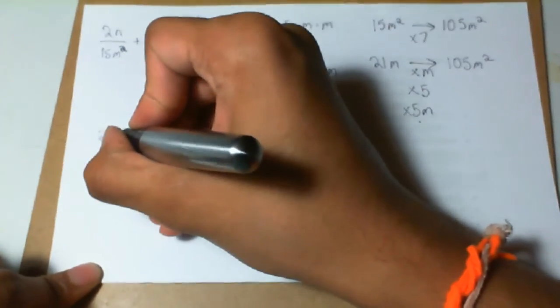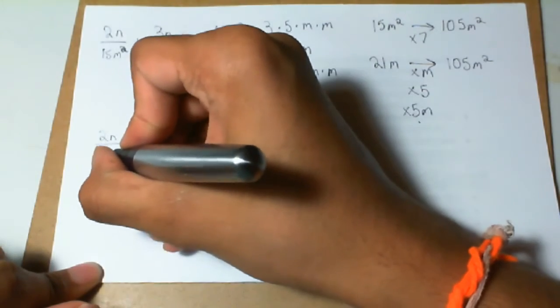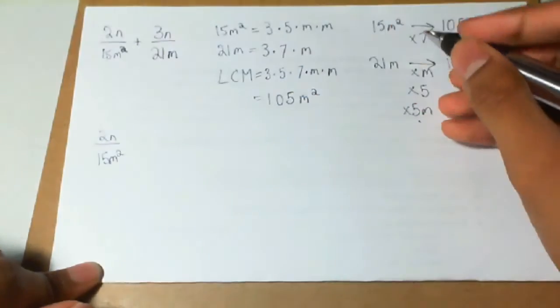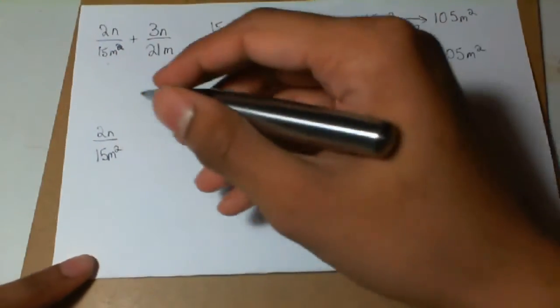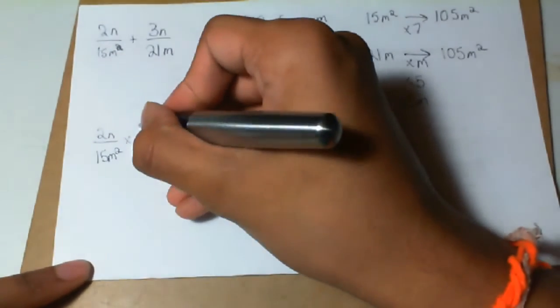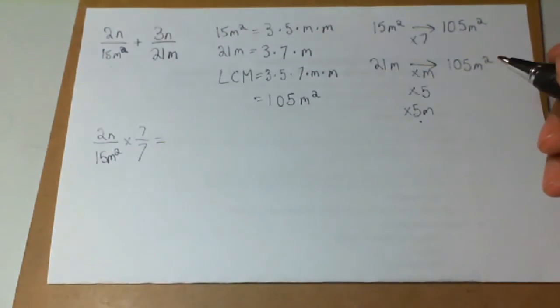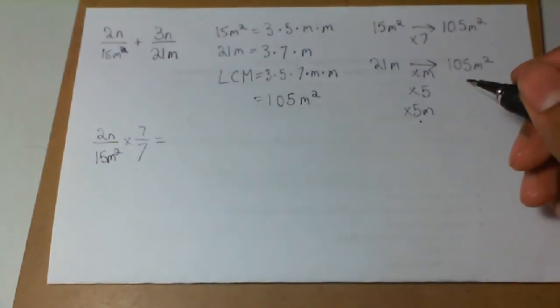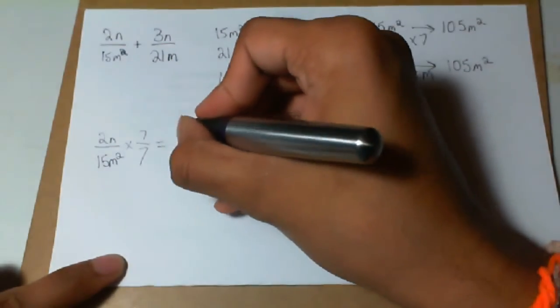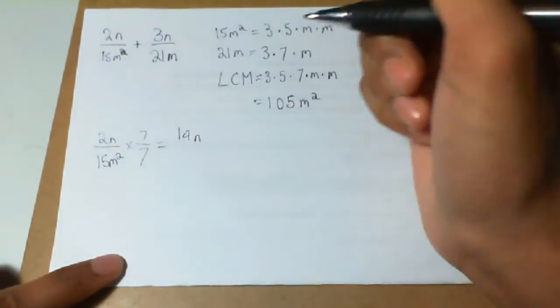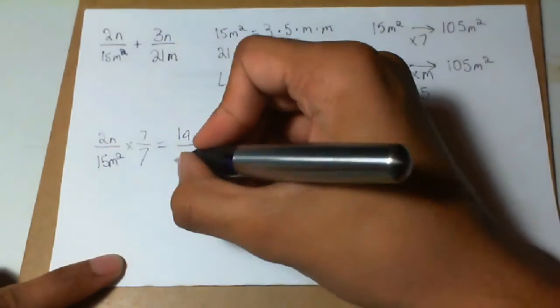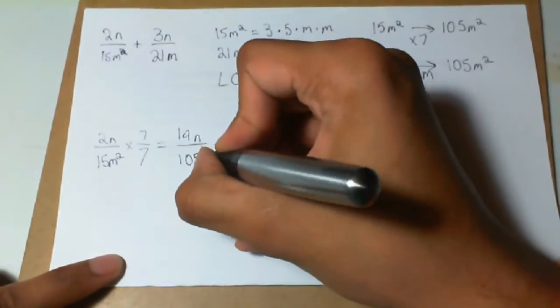So we get 2n divided by 15m squared. We said we're going to multiply by 7 to get 105m squared, right? So let's just do that right now. 2 times 7 gives you 14n divided by 105m squared.